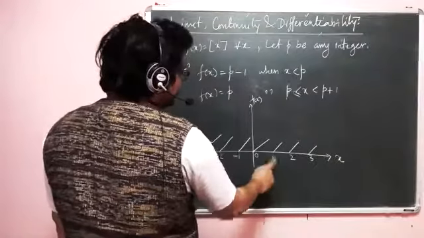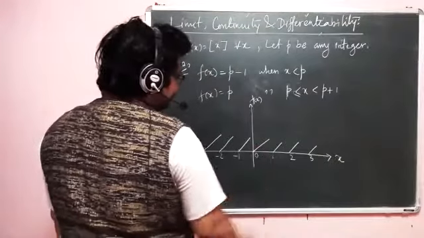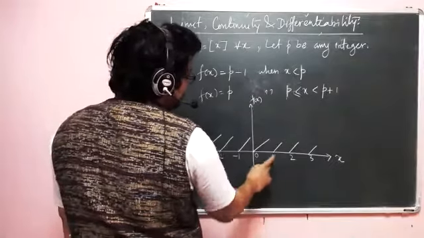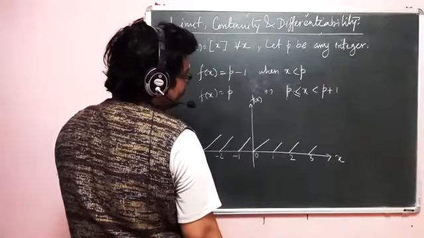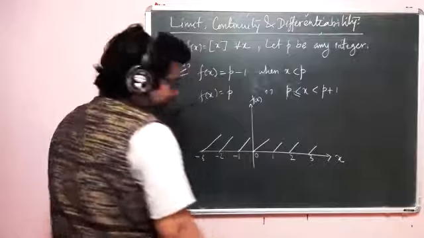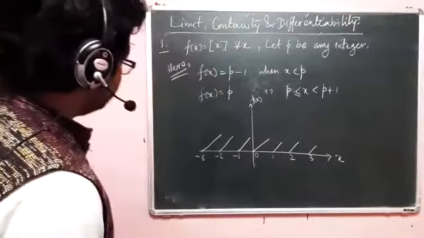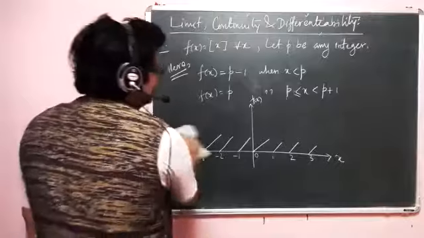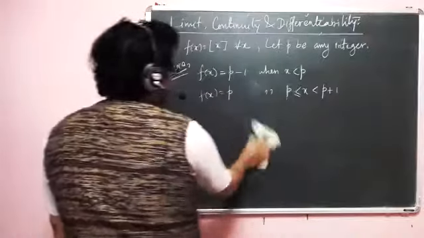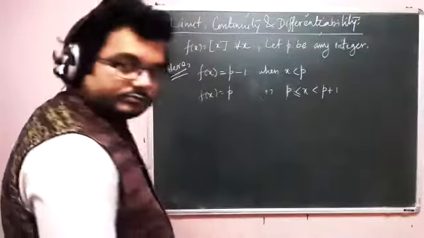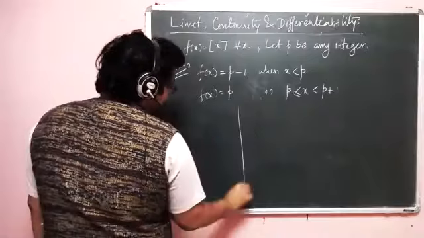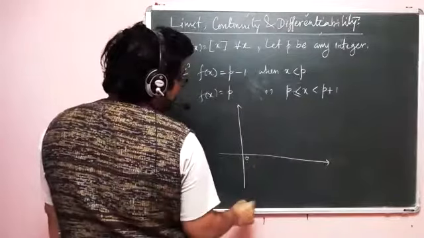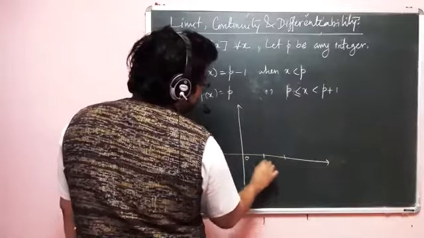So when it is 1, the value of f(x) is 1, and as it reaches 2, oh, sorry. Yeah, as I was thinking. Let's draw it like this. 0.